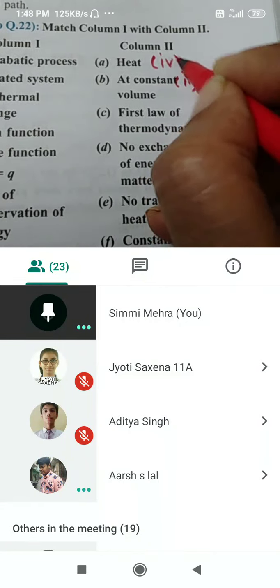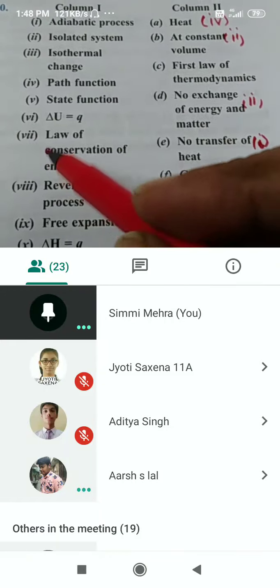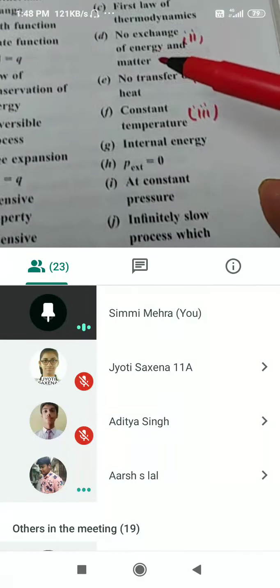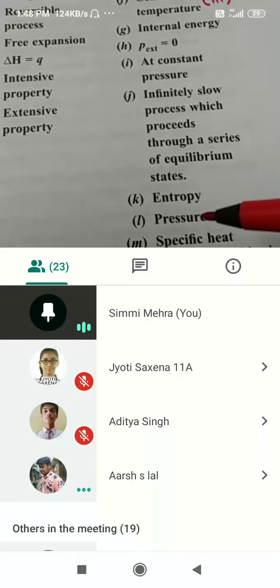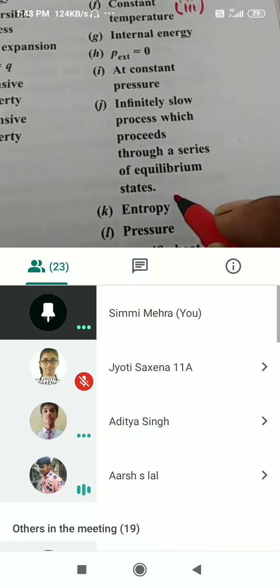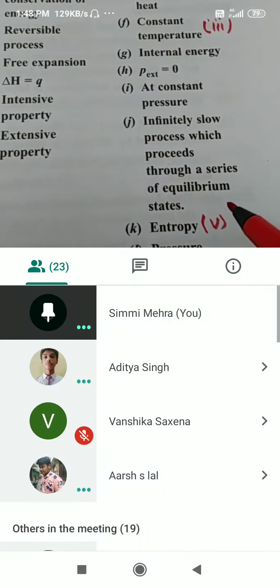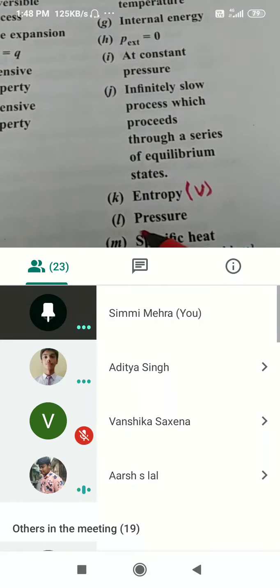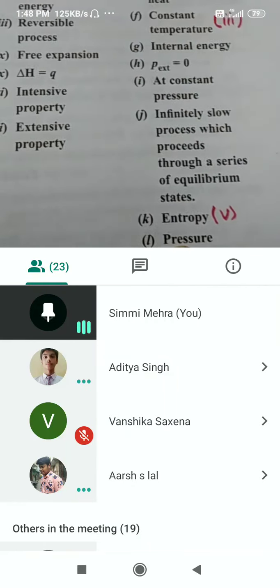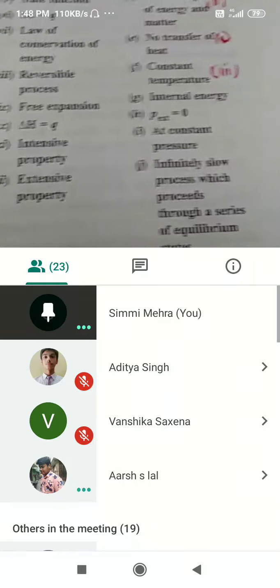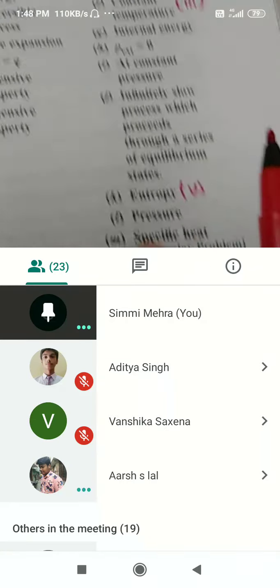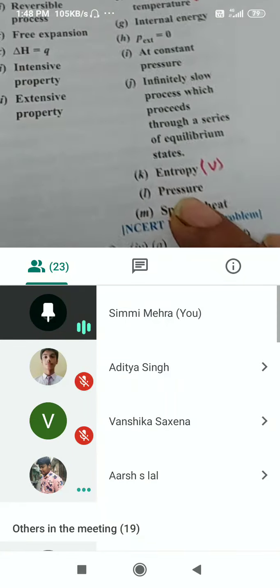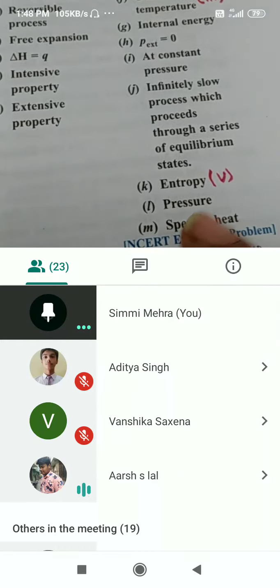Correct. Path function. Next one. State function. State function. Entropy. K, L, J, K, L. Pressure is intensive. It is not the same. Pressure. Intensive.